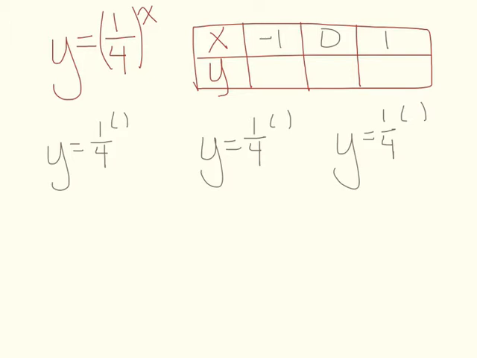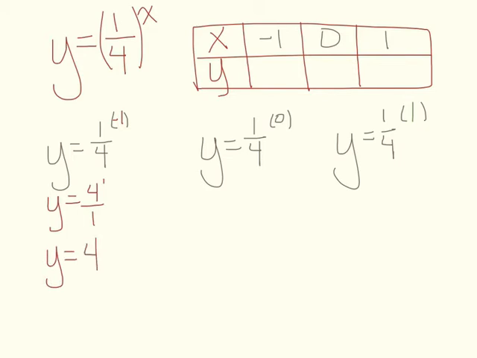So the first time x is -1, the second time x is 0, and the third time x is +1. So here we would have y equals 1/4 to the -1. That negative exponent tells me I need to flip the fraction. So this would become 4/1 to the 1, which is just 4.